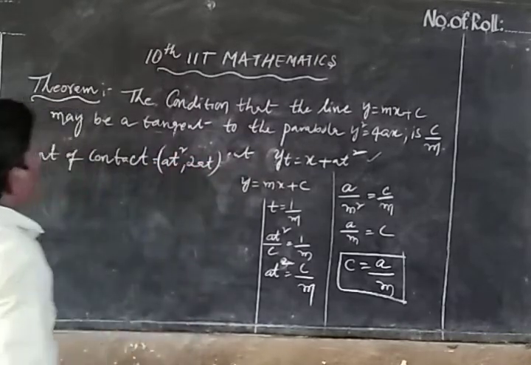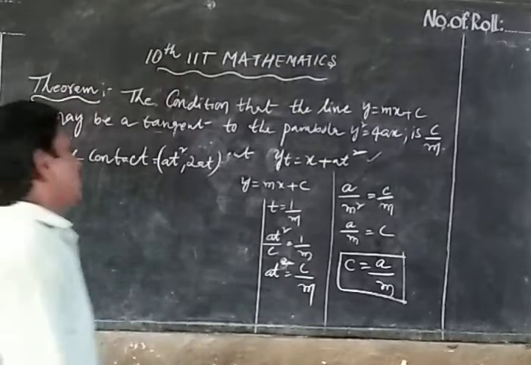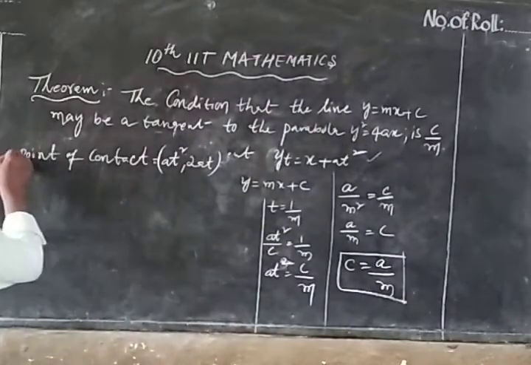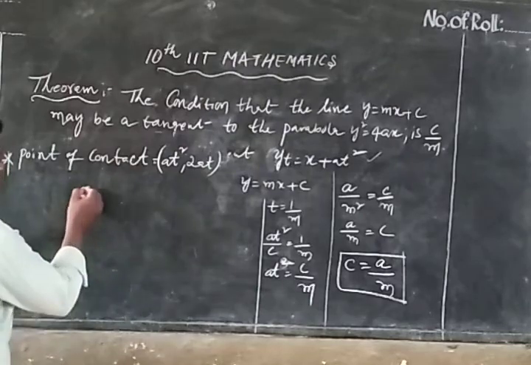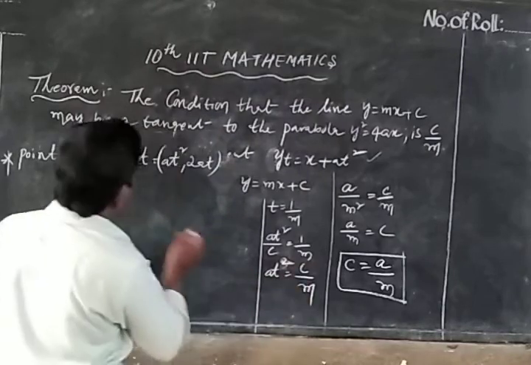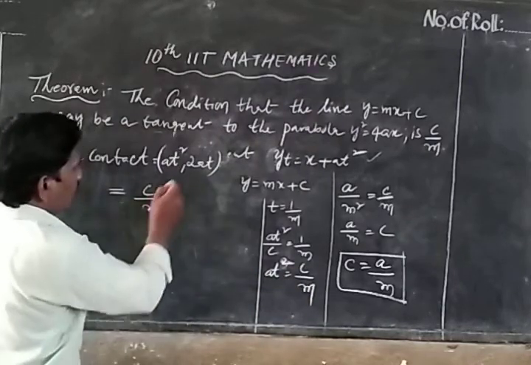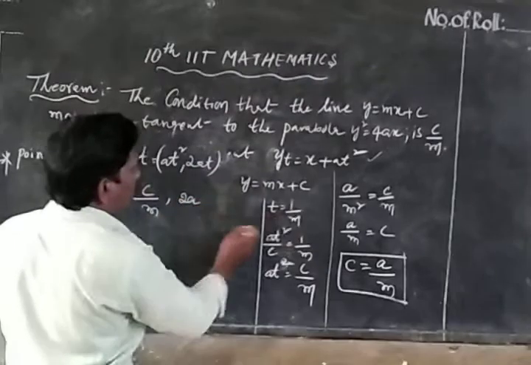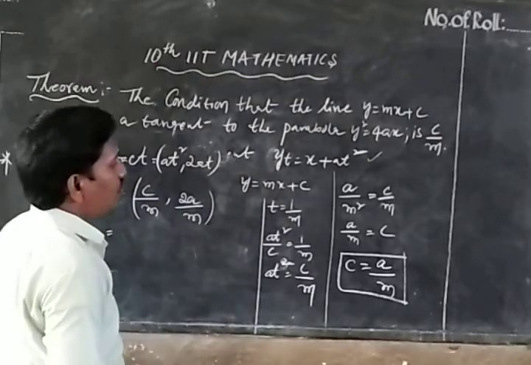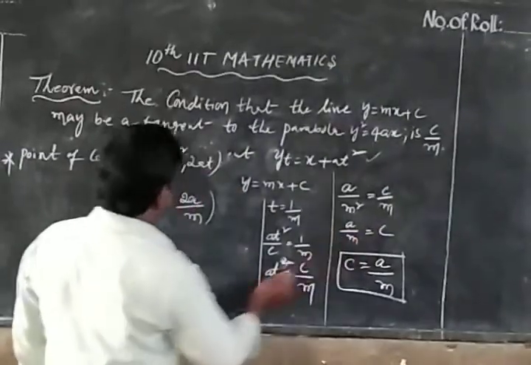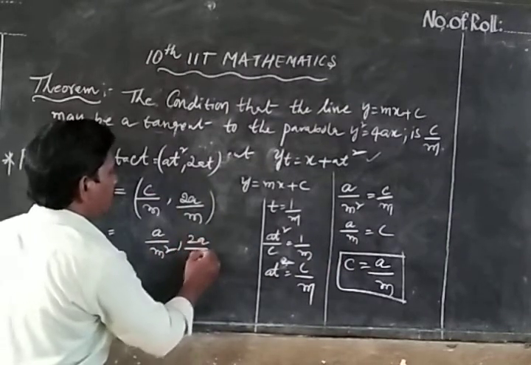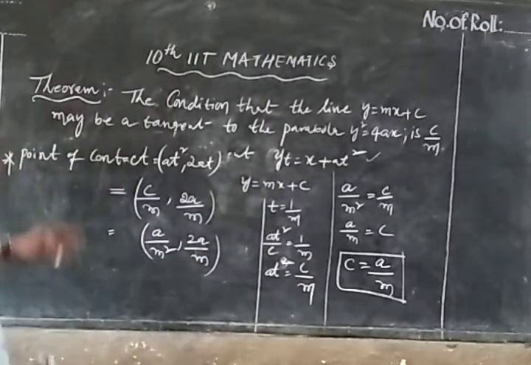We know that the point of contact is x1 comma y1, meaning at square comma 2at. Next step, point of contact: at square, we already know, is c by m. 2at, the t value, is 2a by m. Again c equal to a by m. That means a by m square comma 2a by m. Finally, this is the point of contact.